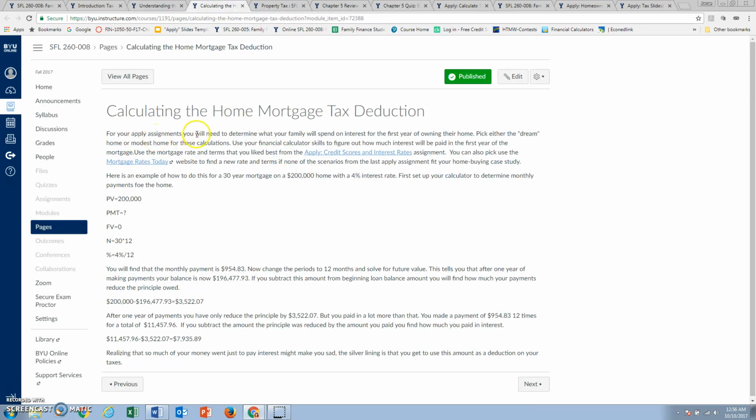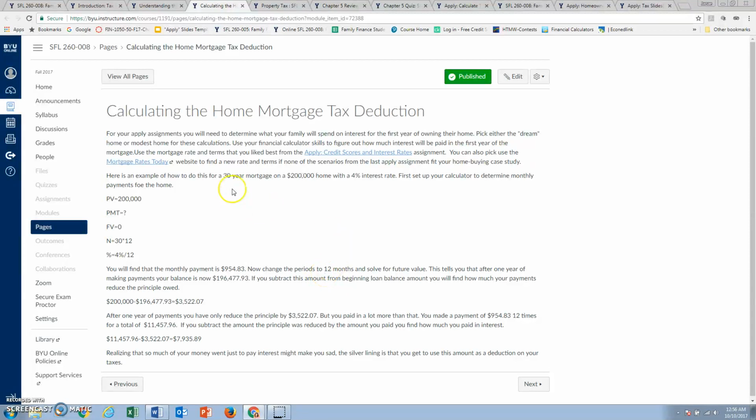Next, there's a content page that's specifically on calculating your home mortgage tax deduction. This one is utilizing some skills that you've already had. One of the first things that you need to do as you calculate your home mortgage tax deduction for this assignment, we're going to assume that you're paying taxes after 12 months of owning your home.